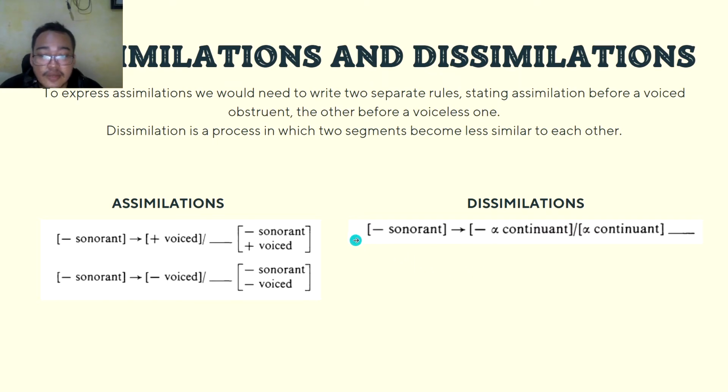Like in this example, assimilation: minus sonorant arrow plus voice, slash, before minus sonorant plus voice. Or minus sonorant arrow minus voice, slash, before minus sonorant minus voice. And then in dissimilation, minus sonorant becomes minus continuant, slash, before continuant.